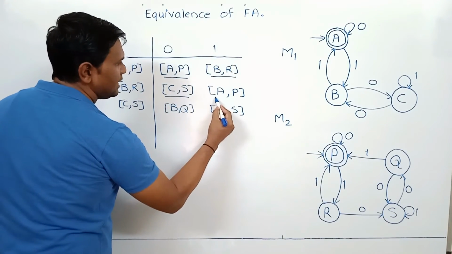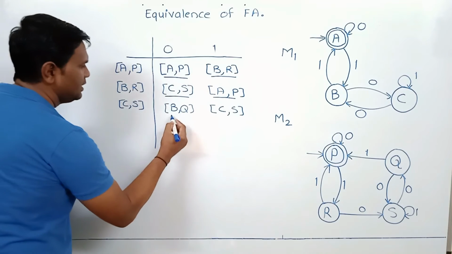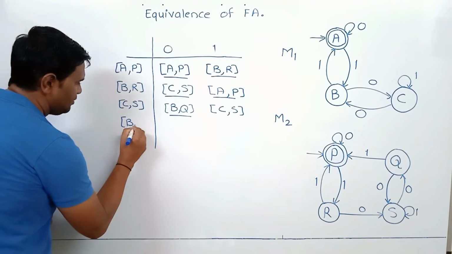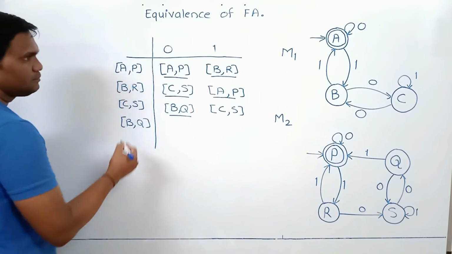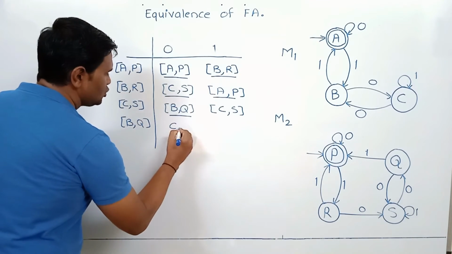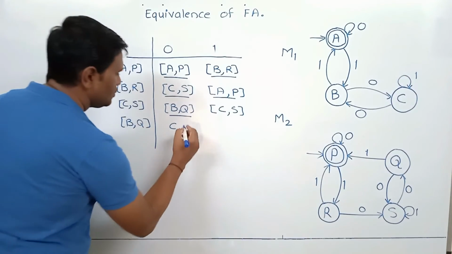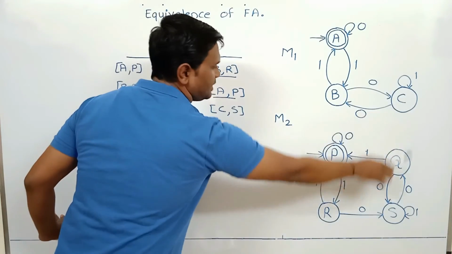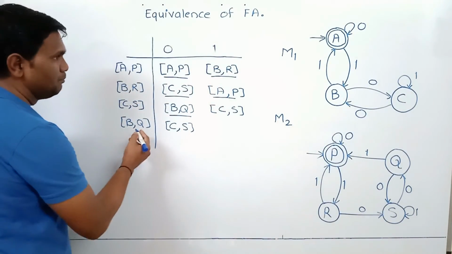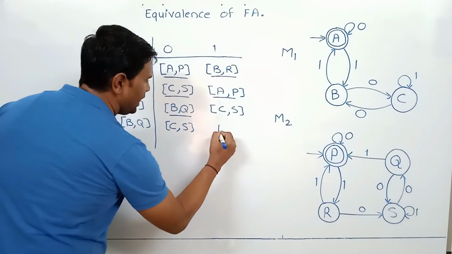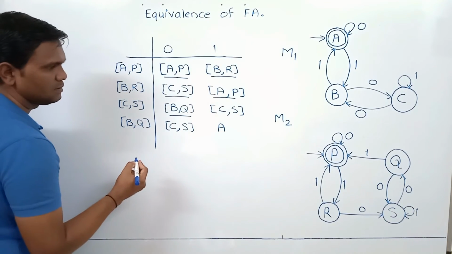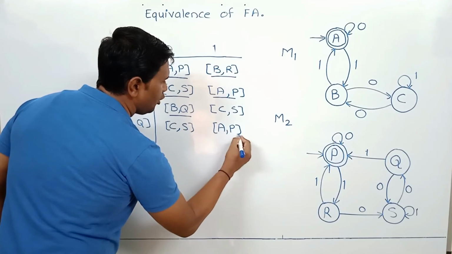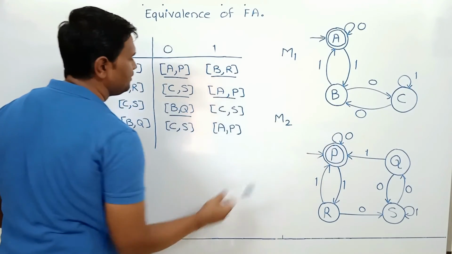Now for next entry in the table, AP already here, BQ, this is new entry. Consider B comma Q. B on 0 goes to C, Q on 0 goes to S, C comma S, non-final, non-final. B on 1 goes to A, Q on 1 goes to P, A comma P, final, final.